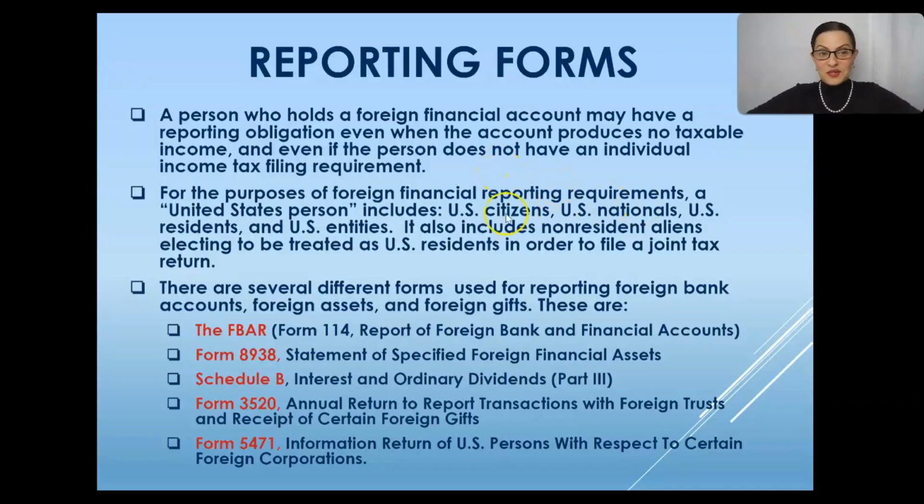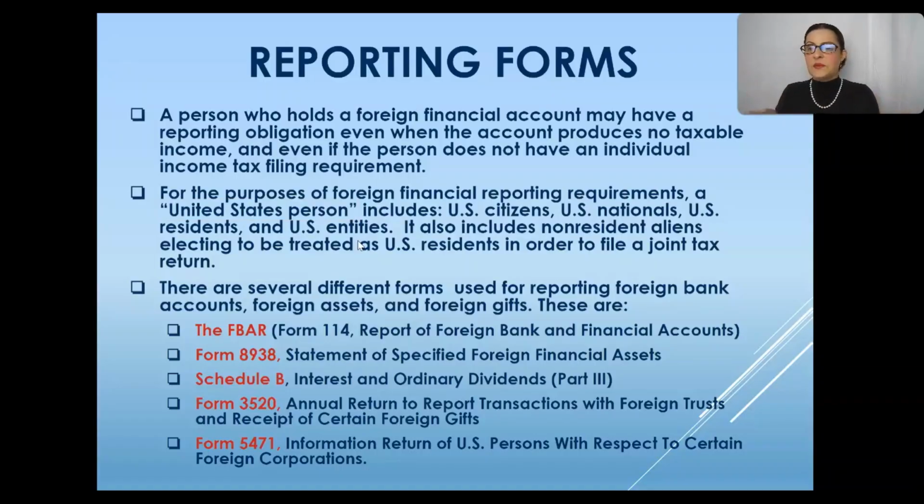That's what it is. For the purposes of foreign financial reporting requirements, a United States person includes U.S. citizens, U.S. nationals, U.S. residents, and U.S. entities. So sometimes you will see in these legal documents, they'll say this person or a United States person. That's not always referring to natural persons. A natural person is a human being. When you hear the term natural person, that's a human.